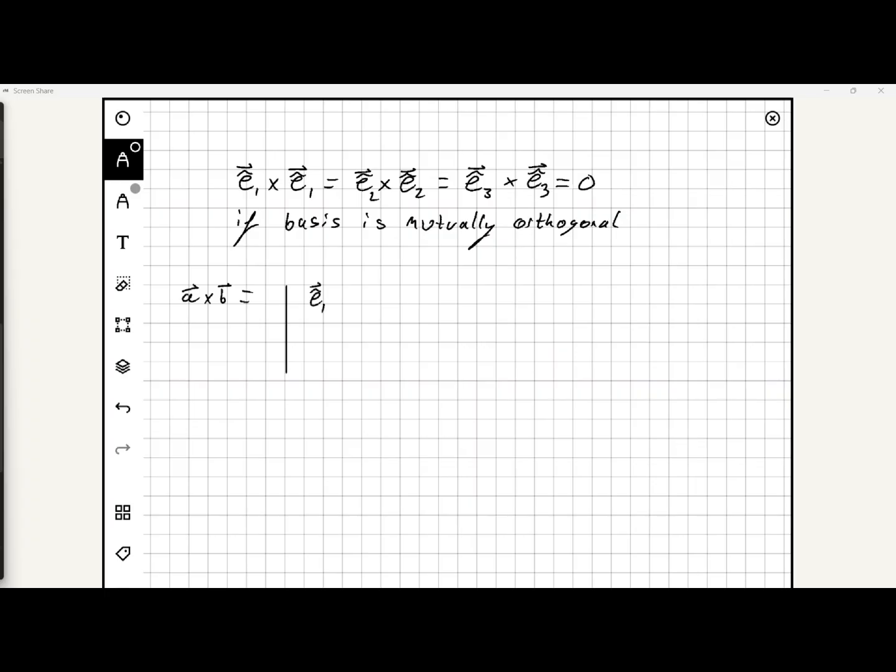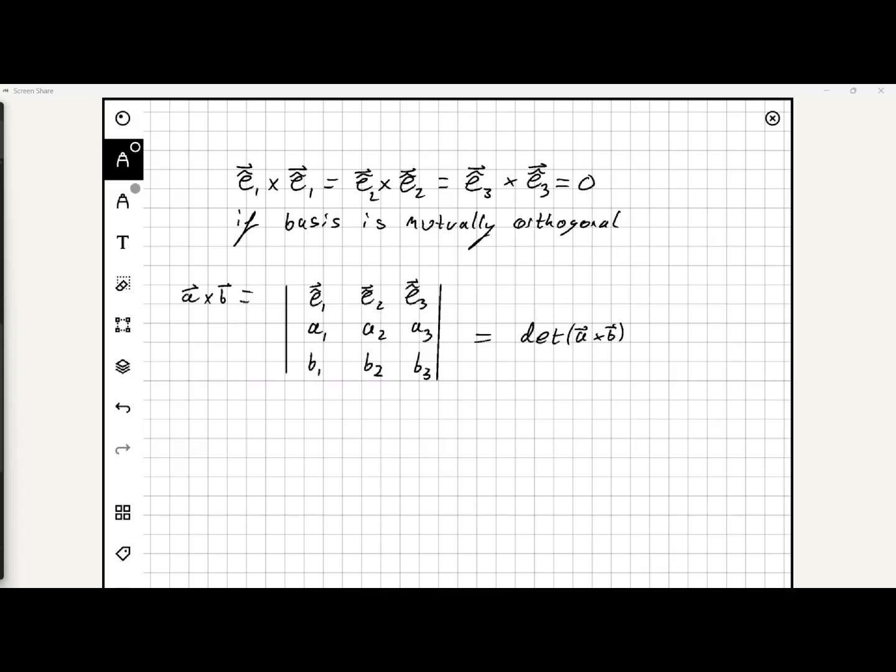You have e1, e2, e3 on the top row, then vector A on the second row, and then vector B on the third row, like that. What these straight lines represent is the determinant. So we can just write that as the determinant of A cross B.